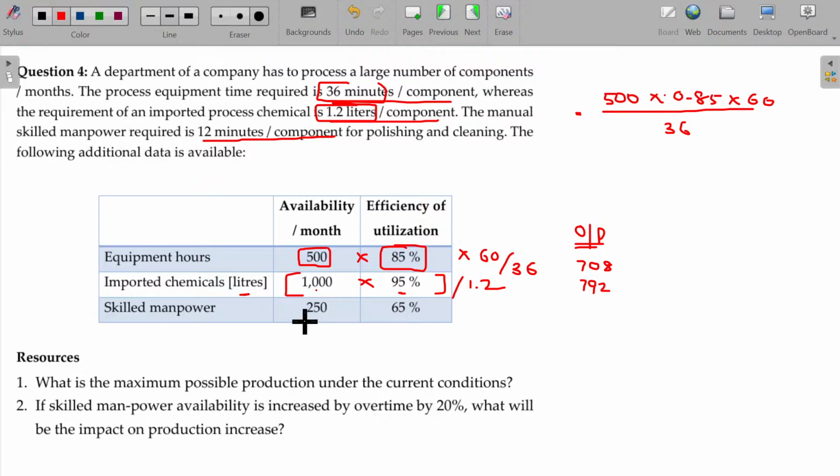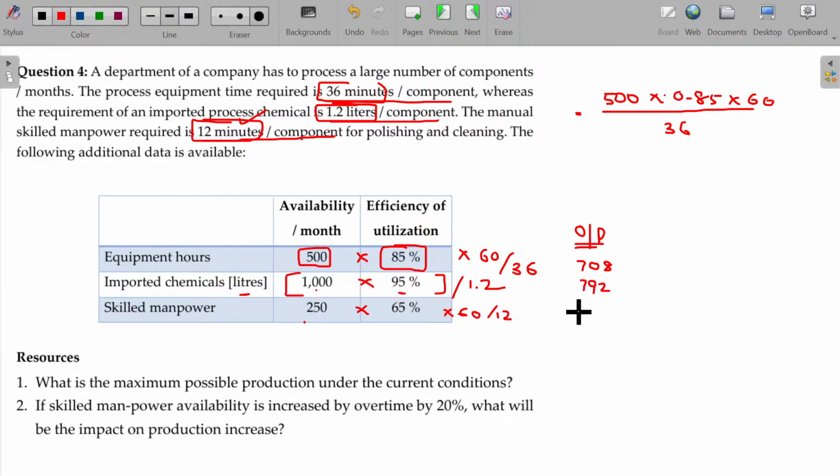Skilled manpower 250, 65 percent will be effectively used, and the requirement of skilled manpower for this component is only 12 minutes. So 250 into 65 percent will be the number of skilled manpower available, but to convert that into minutes I multiply with 60 and then divide by the time required for manufacturing this component, which is 12 minutes.